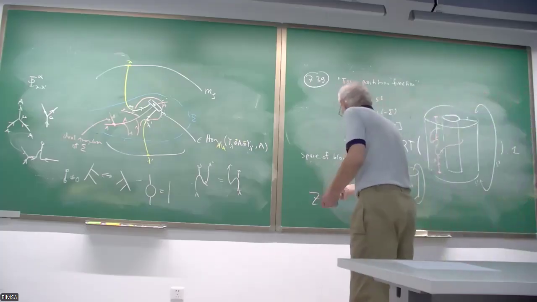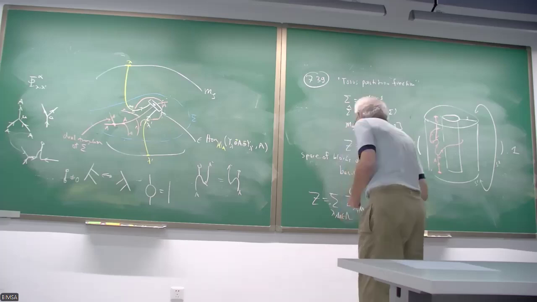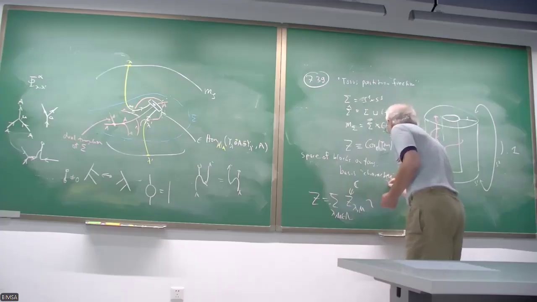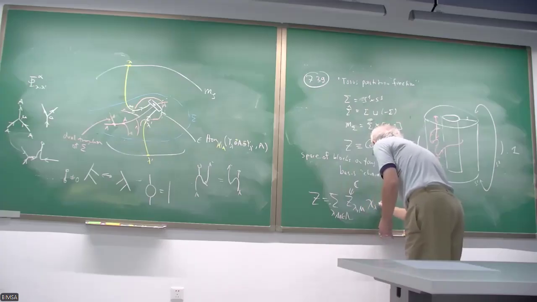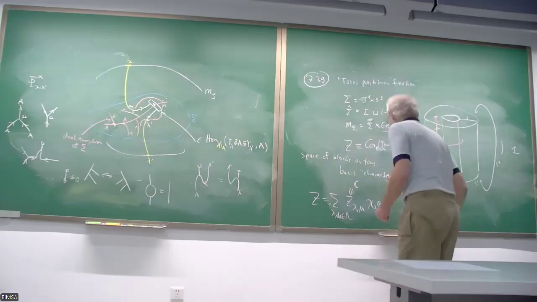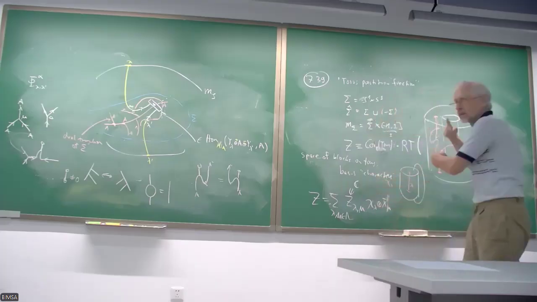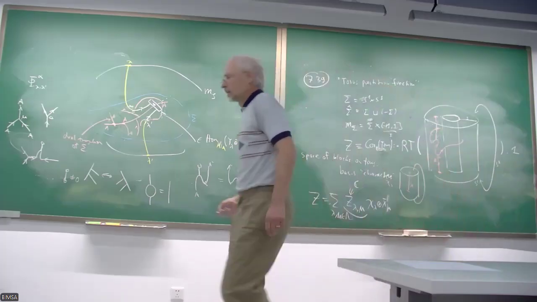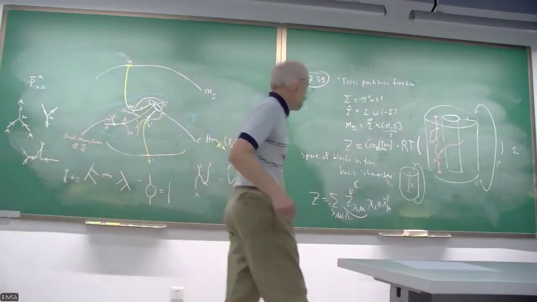So Z will be written as a sum over lambda and mu, with certain complex numbers in general. For simplicity, I just call them chi lambda, and chi mu bar for the opposite orientation. And then these numbers here are what people in many applications are interested in.